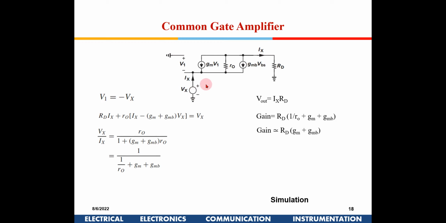So for RF applications, a common gate amplifier can form the first stage of amplification where the input impedance needs to be matched.